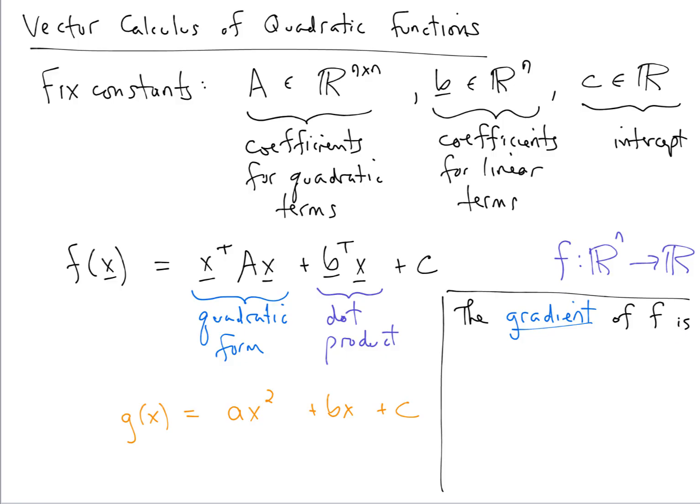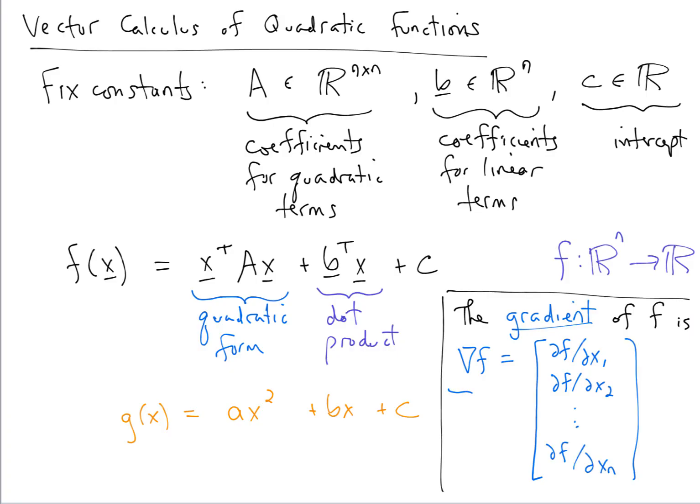The gradient of f, we write as del of f, and it is a vector of all of the first order partial derivatives of f. Sometimes we write the dependence on x in our notation in this way. So this is our vector calculus concept of the first derivative of f.